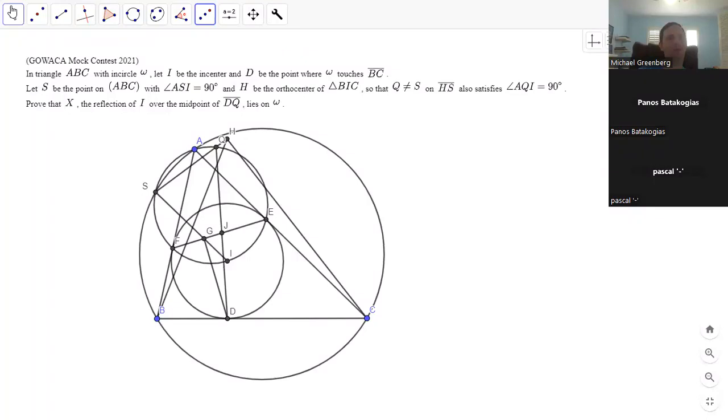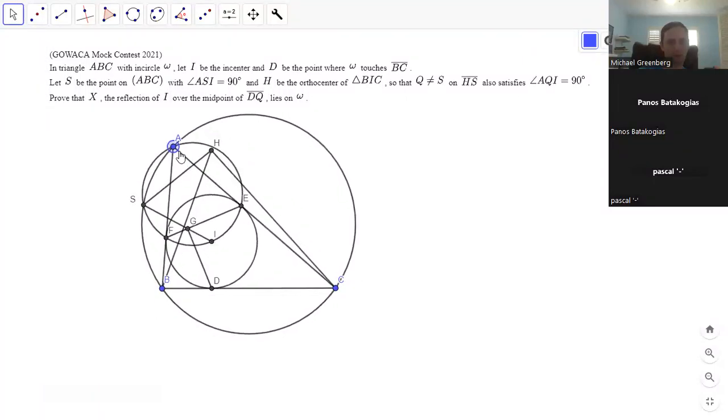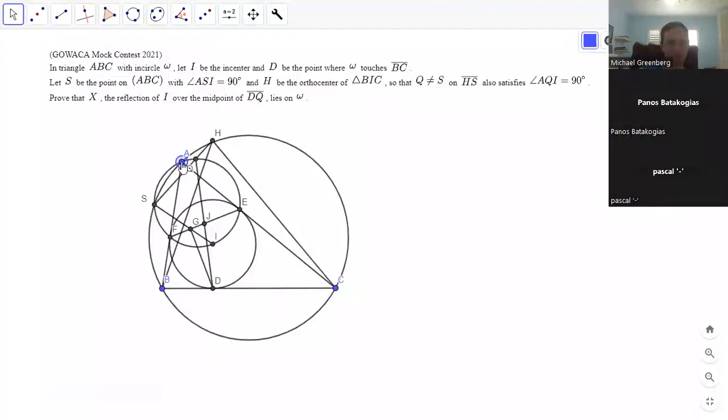But yeah, this is a kind of interesting problem. So yeah, you have the intersection of HS with this circle. It feels like inversion. It feels like this problem might be made for inversion, but I'm not sure.